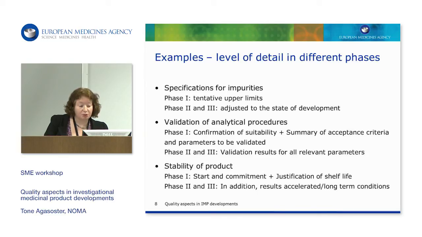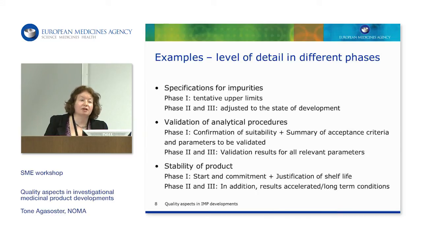But for phase 2 and 3, the specifications should be adjusted to the state of development. And in general, the limits should be supported by impurity profiles of batches of API that have been used in non-clinical and clinical studies.